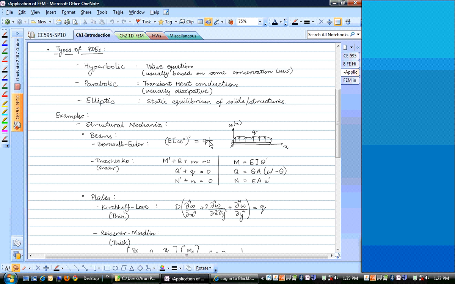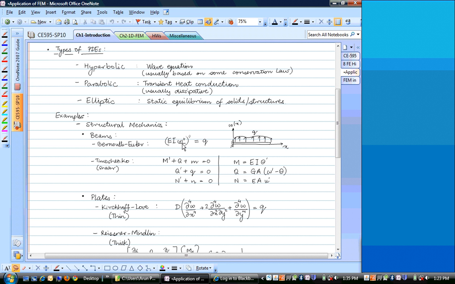So how many of you think this is a PDE, or can we specialize it even further? Is this a PDE, or can we say that this is an ODE? ODE meaning ordinary differential equation. So this is actually an ODE because the only derivative is with respect to x.